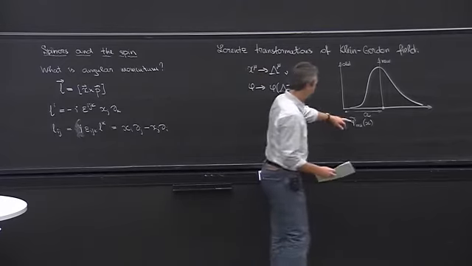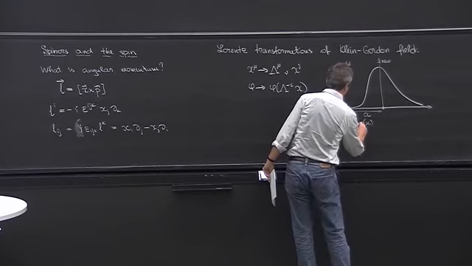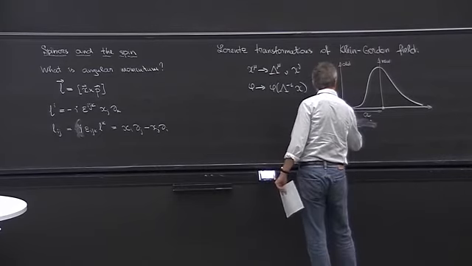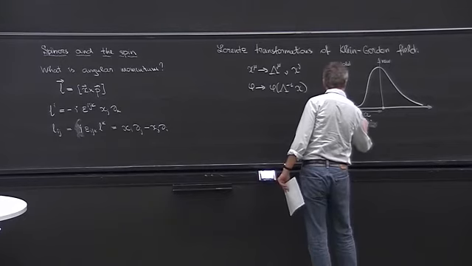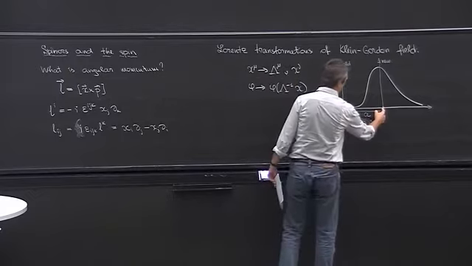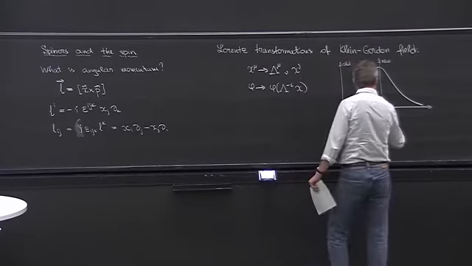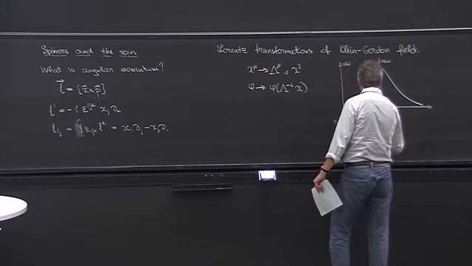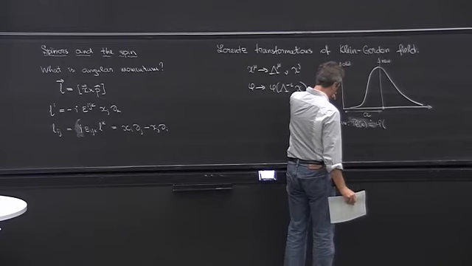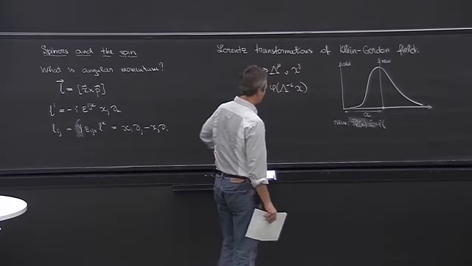So what will then be the value of the field in the new coordinates? Suppose that we know this function in the old coordinates.